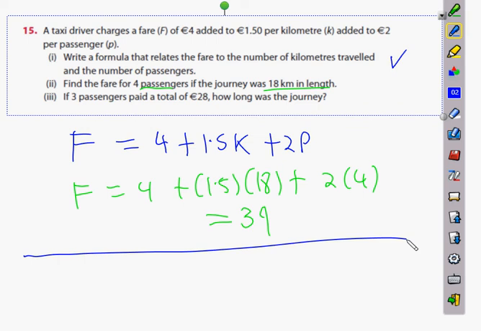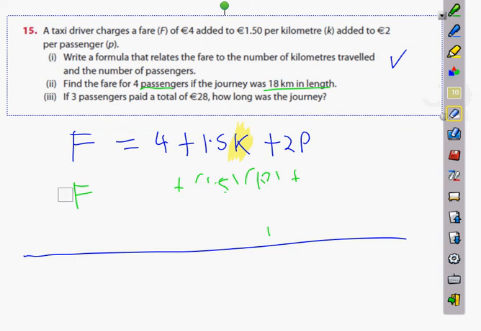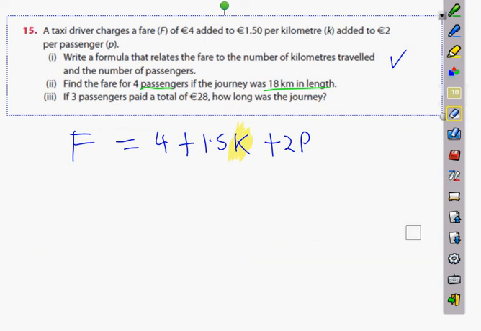If we're talking about how long was the journey, which letter do you want to find? K. Circle K. Alright? So fare is €28. You bring over the 4, don't you?